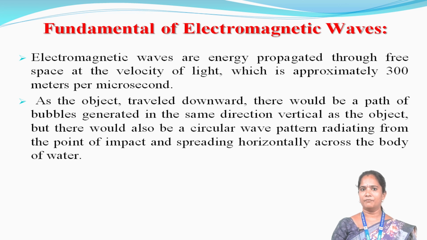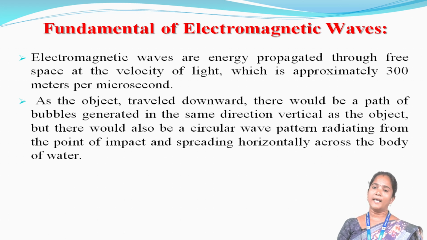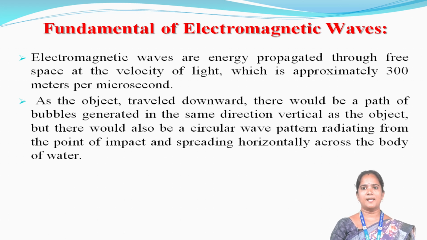Fundamental electromagnetic wave. Electromagnetic waves are energy propagated through free space at the velocity of light, which is approximately 300 meters per microsecond. Visualize standing on a bridge overlooking a calm body of water. If you were to drop an object into the pond, you would see this energy process in action.